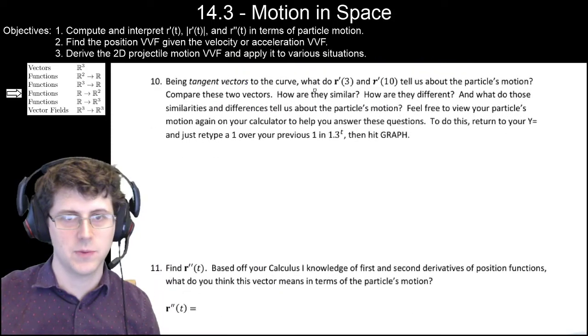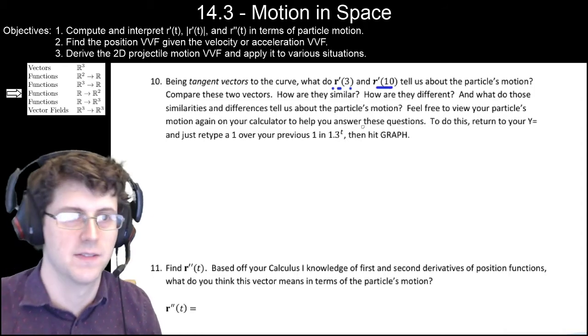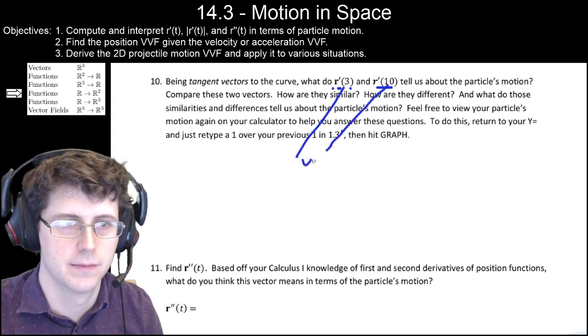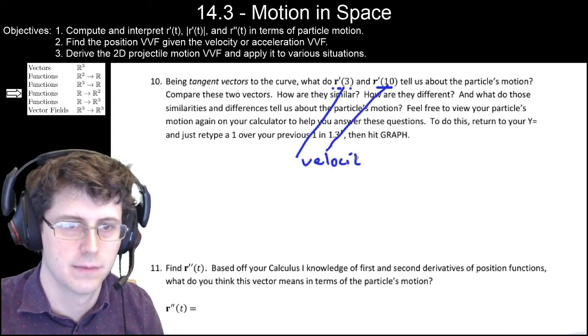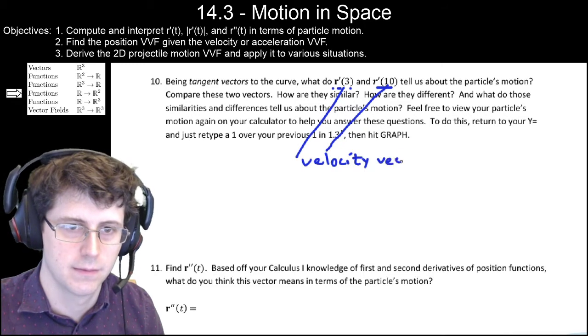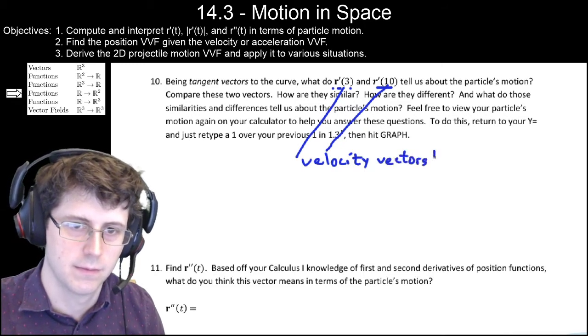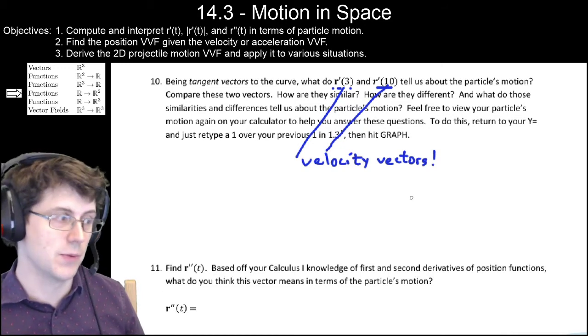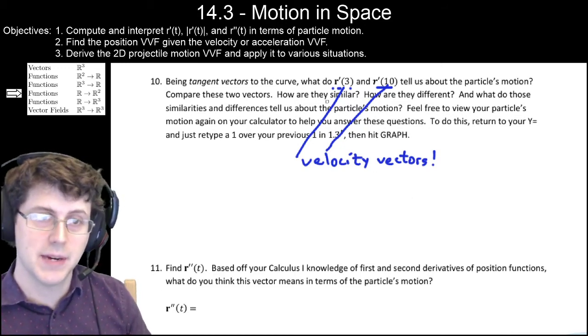Being tangent vectors, what do these tell us about the particle's motion? This is the velocity. These are the velocity vectors. They tell us not just how fast the particle is going, but also what direction they're going. Compare these vectors. How are they similar?